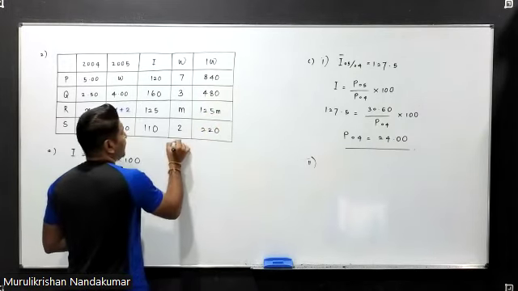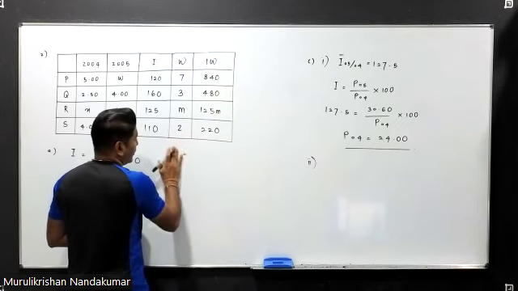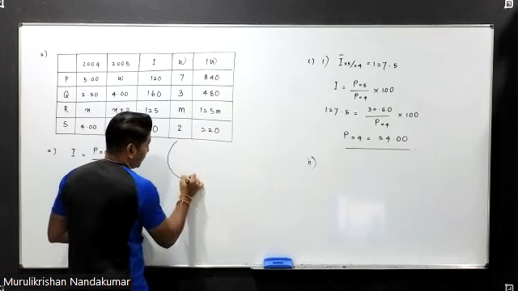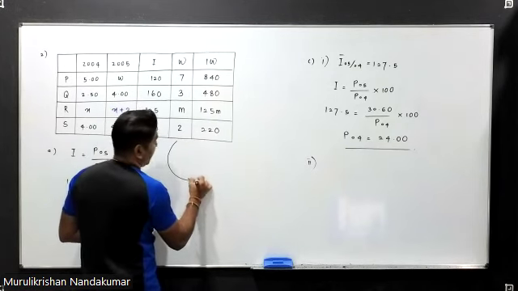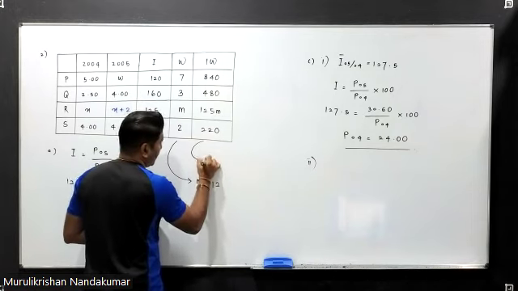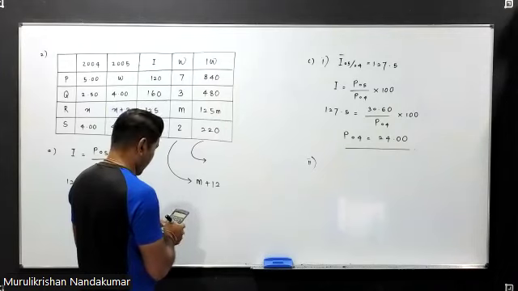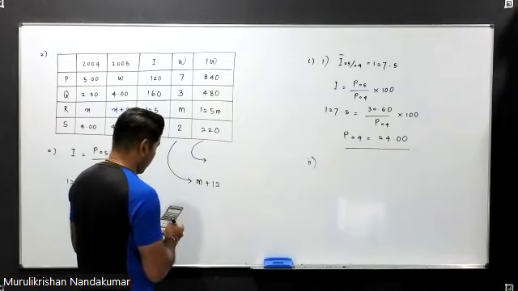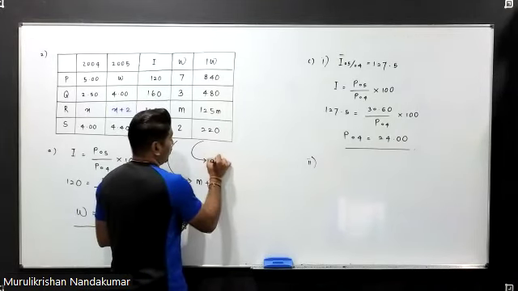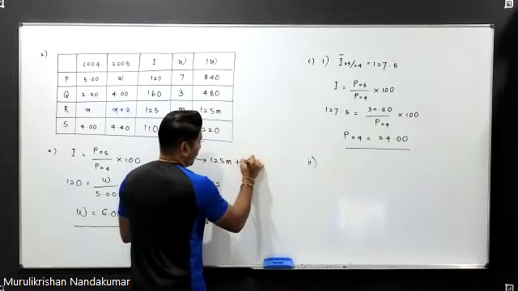So ini you akan dapat dekat sini, M plus 12. Di sini pula you akan dapat berapa? 840 plus 480 plus 220. You get 125 M plus 1540.